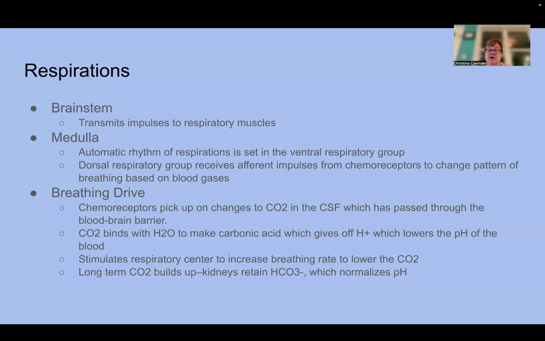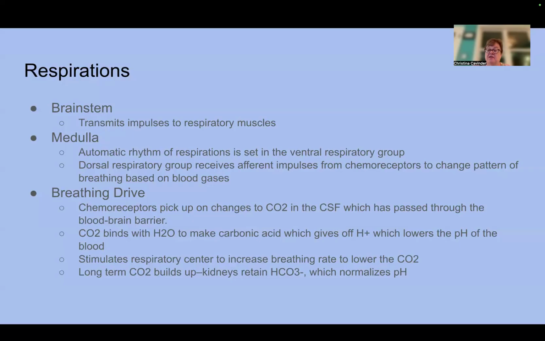Again, like I said, over time, we talked about, I'm sure you talked about in nursing school, compensation. So if over time the lungs are not compensating by breathing faster, then over time the kidneys will start to retain bicarb.